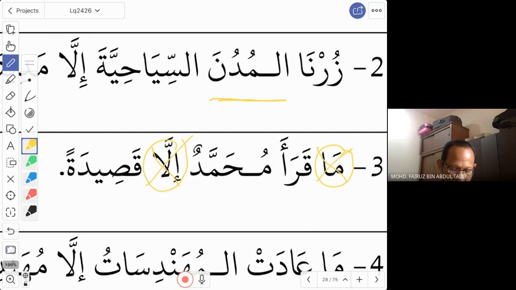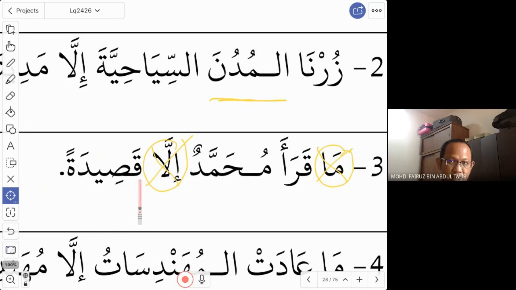So the word qasida here is mansub because it is maf'ul bih. Then we put back the two words, and it becomes ma qara'a Muhammadun illa qasidatan. This is group number 3.